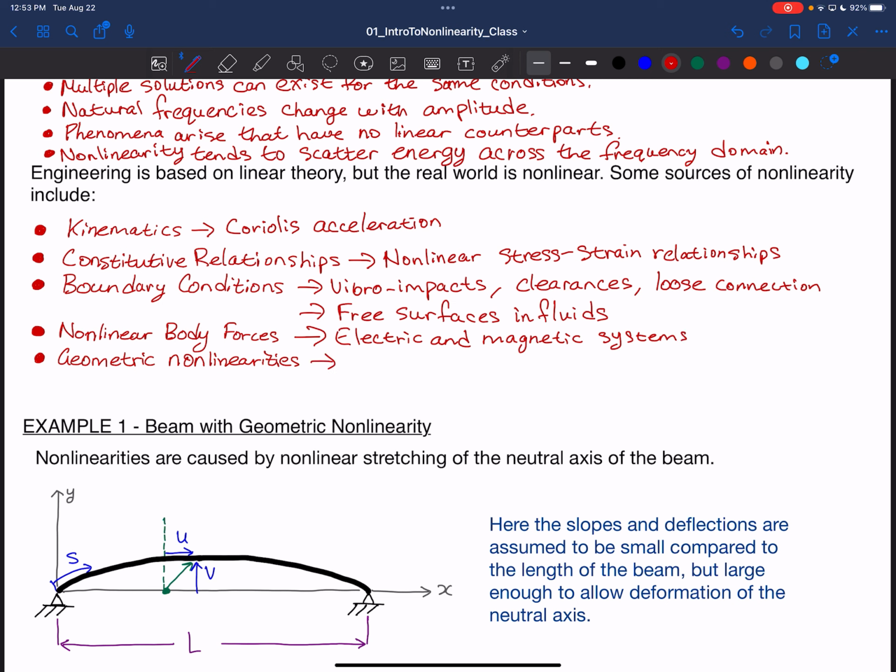What we're primarily going to focus on, although the techniques we develop will be applicable to all kinds of nonlinearities, is geometric nonlinearities. These arise from large deformations, or geometry, quite simply.